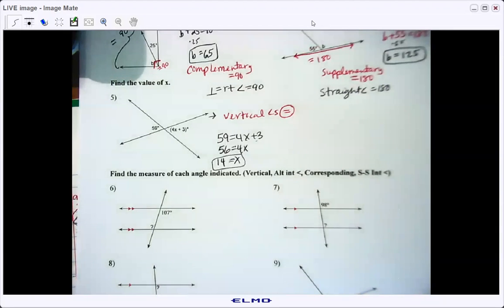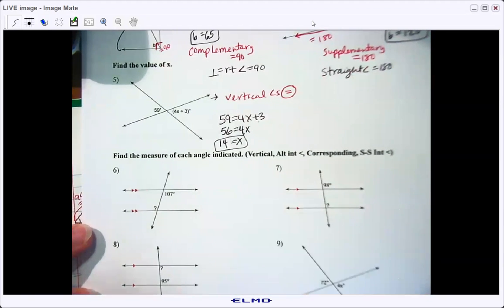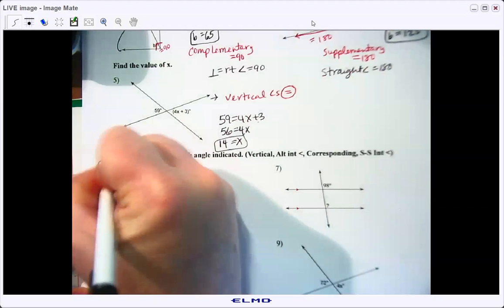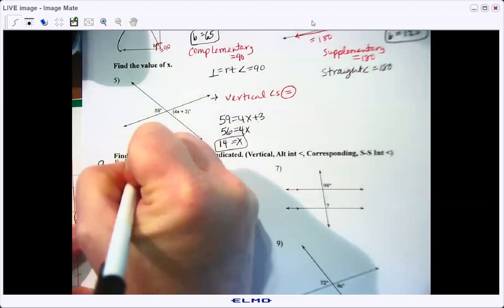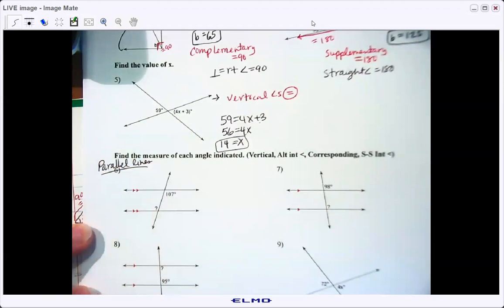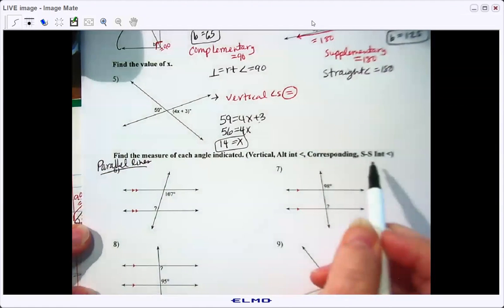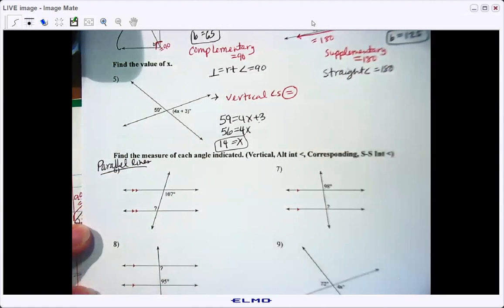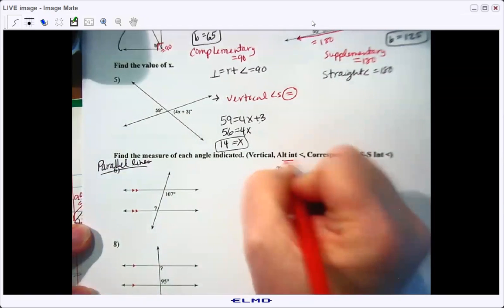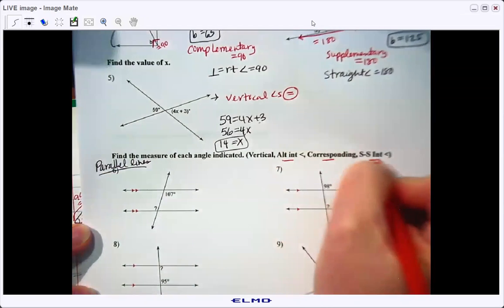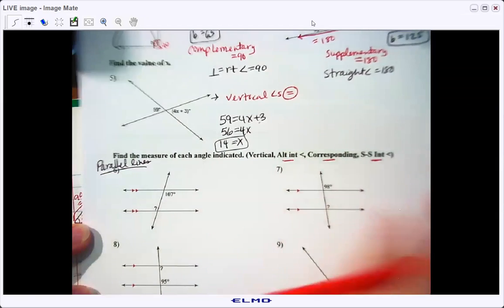Oh well. Okay, so the next one we're looking at parallel lines. So this is the parallel line section. And we had these different kinds of angles: alternate interior angles, corresponding angles, and the same side interior angles.